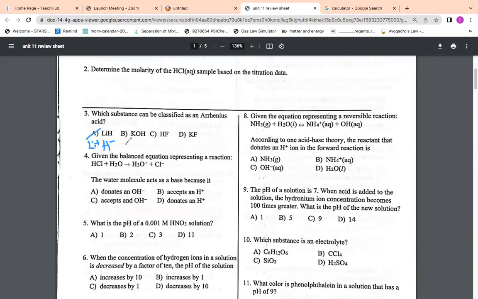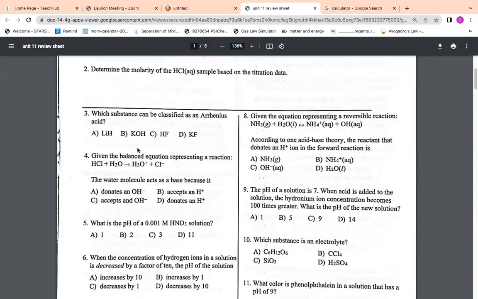This is K+ and OH-, so this is a base. This is hydrofluoric acid. This will break up into H+ and F-, so this is what we're looking for. We're going to want to go with choice C. The last one is going to break up into K+ and F-, another ionic or salt, like A. So A and D are both salts, B is a base, and C would be our acid because it gives off that H+ in solution.